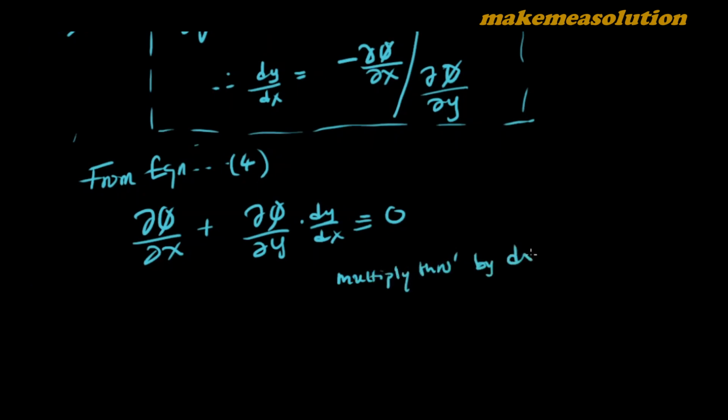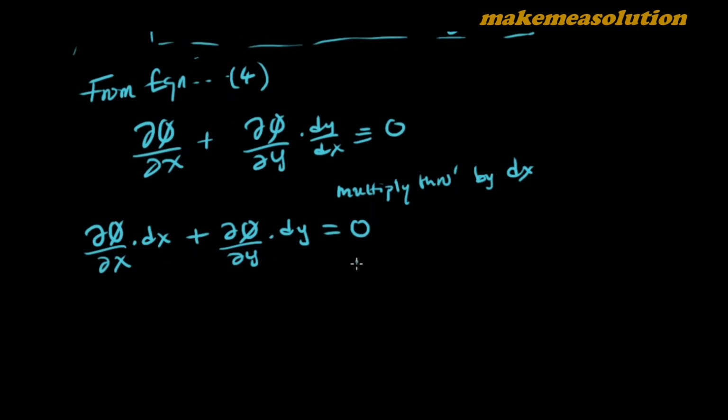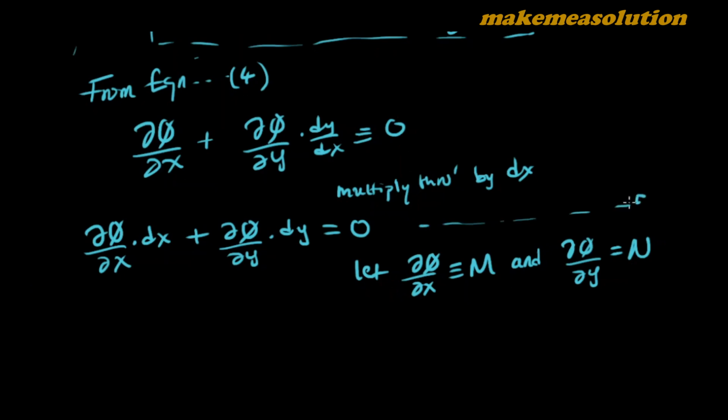If you multiply through by dx, you have del phi del x dx plus del phi del y dy is equal to 0. So can you see something is happening? Let del phi del x be M and del phi del y be N. This is equation 5.